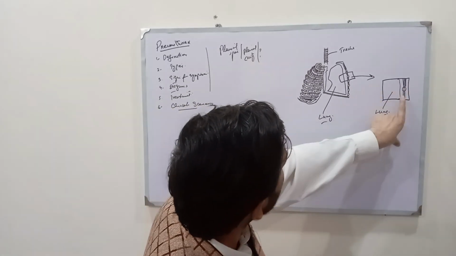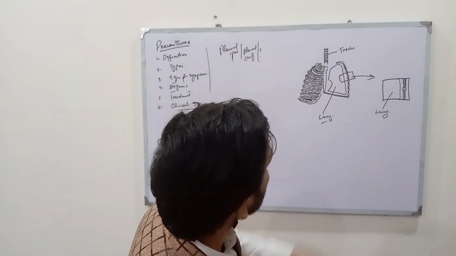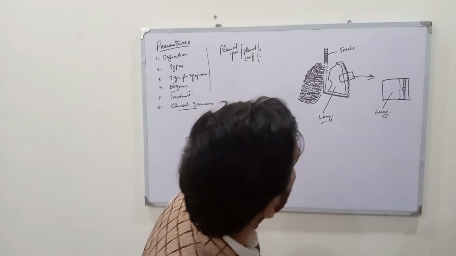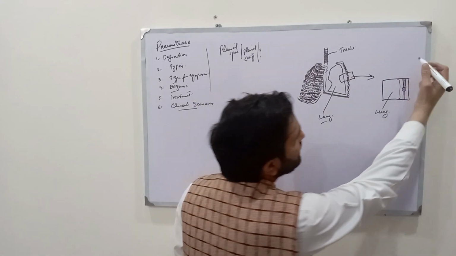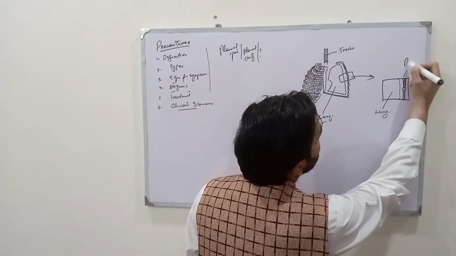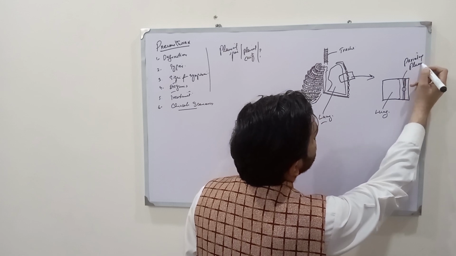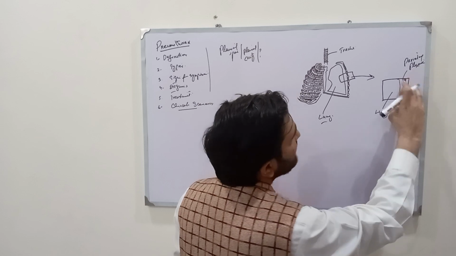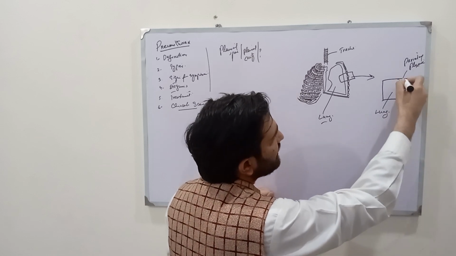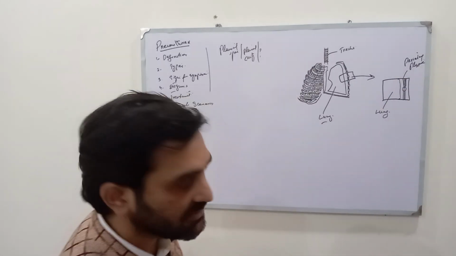It is located between two membranes. One membrane is called the parietal pleura, which lines the ribs and intercostal muscles and chest wall.